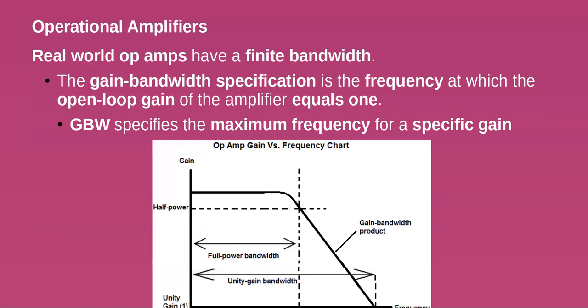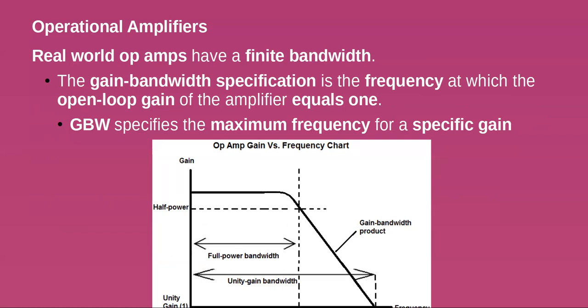In the theoretical world, an operational amplifier has infinite bandwidth. It's not affected by frequency. However, in the real world, that's not true. So it has what we call the gain bandwidth product, and is determined by the highest frequency you can get with unity gain.